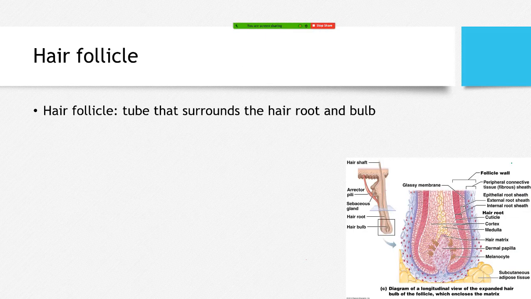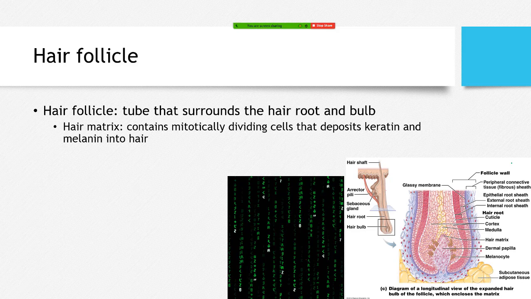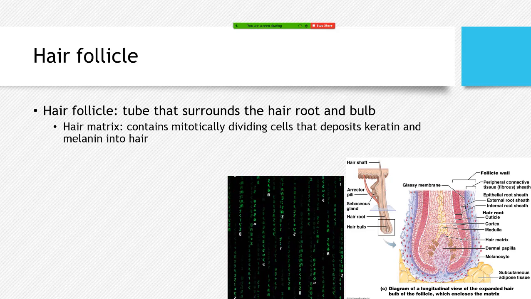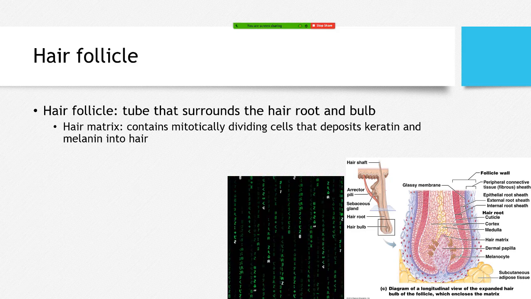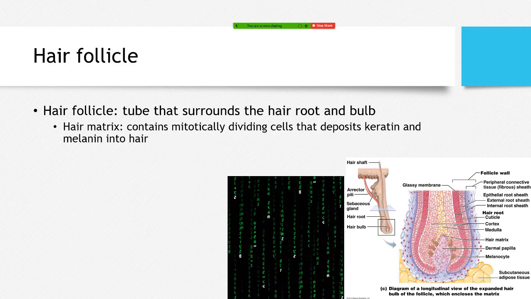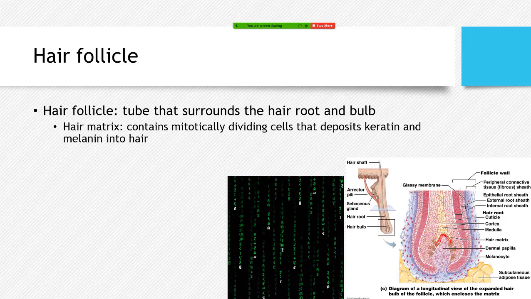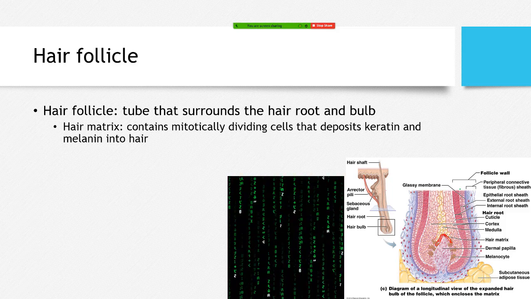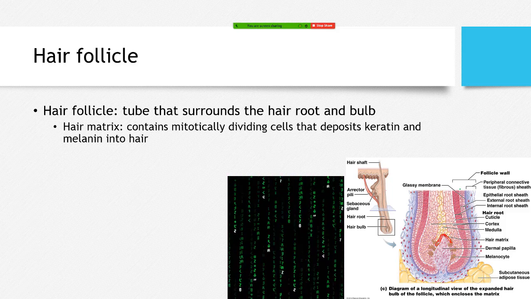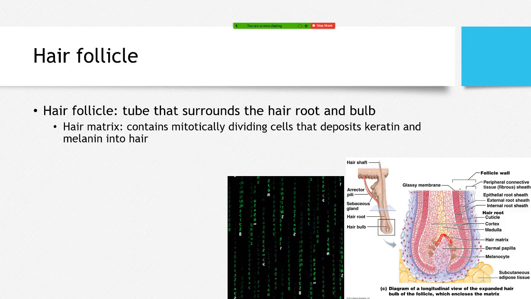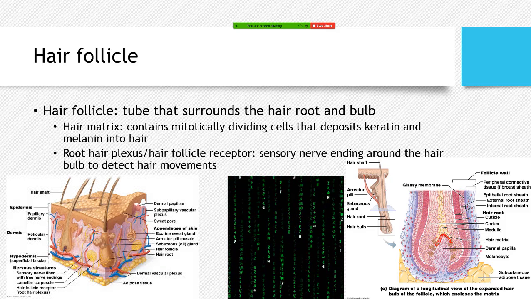Alright, so let's take a look at the hair follicle now. The hair follicle surrounds the hair itself. We have the hair matrix, like we said earlier on, that undergoes mitosis, right? Kind of part of the medulla as well. It's going to deposit keratin and melanin in the hair, so it's going to end up making the hair color itself.